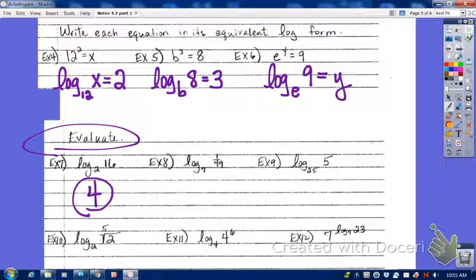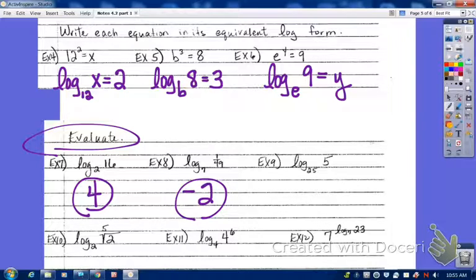Example 8. 7 is the base and the answer is 1 over 49. What exponent can you raise 7 to that'll give you 1 over 49? Negative 2. So the negative flips your answer over. We know 7 squared is 49, so 7 to the negative 2 would be 1 over 49. Then they get a little bit harder as you go through here.